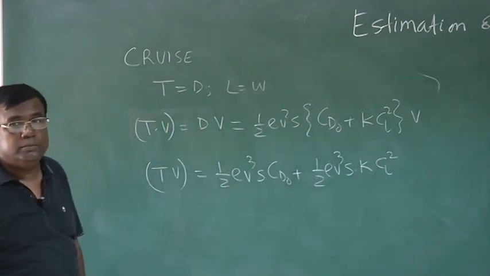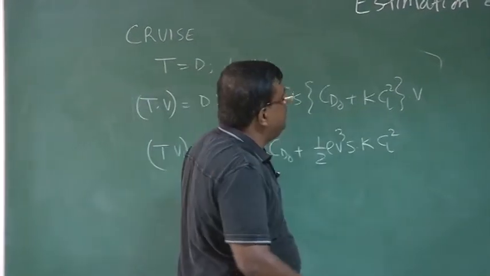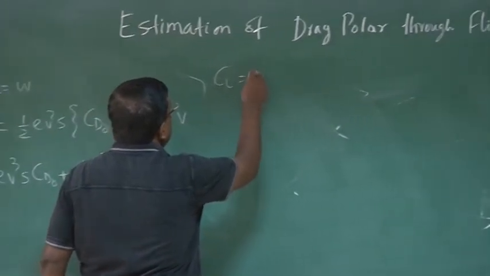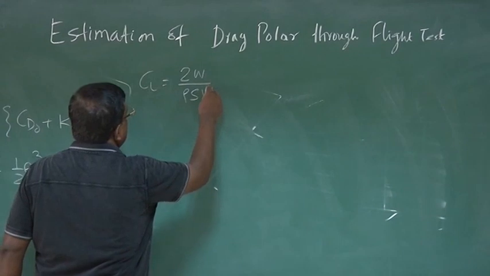What do I do now? I now know that lift equals weight, so CL is equal to 2 W by rho S V squared.